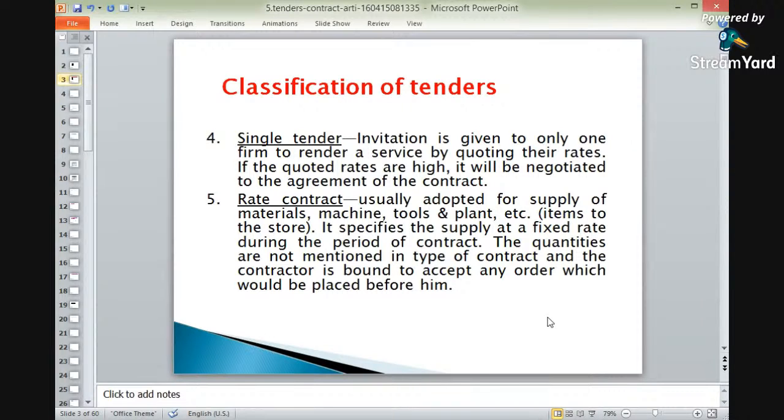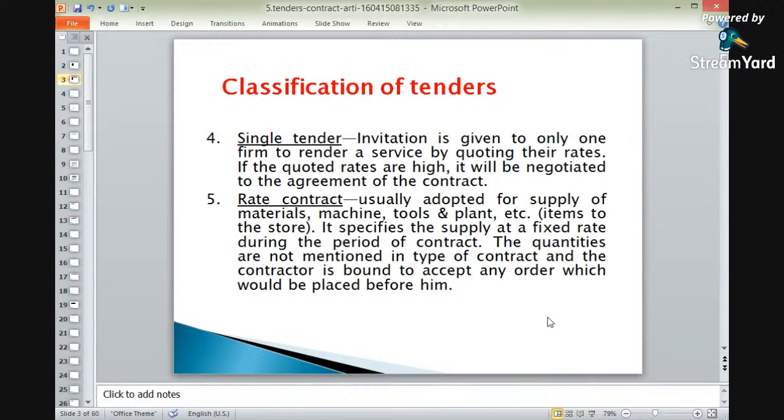So that means we are inviting a single member. We are fixing the member, and the opportunity for that particular type of work has been given to that single member. A single quotation is invited from our contractor, and with proper negotiation it is finalized.